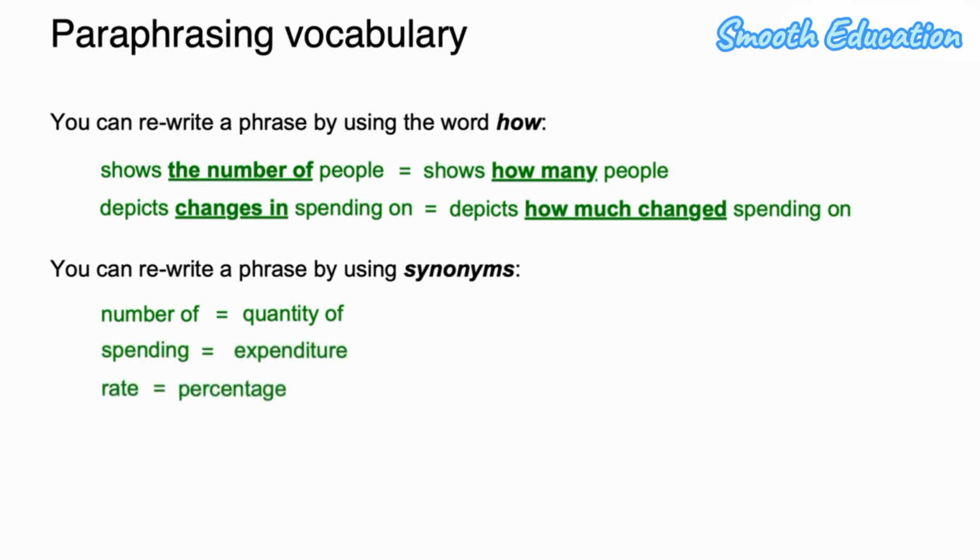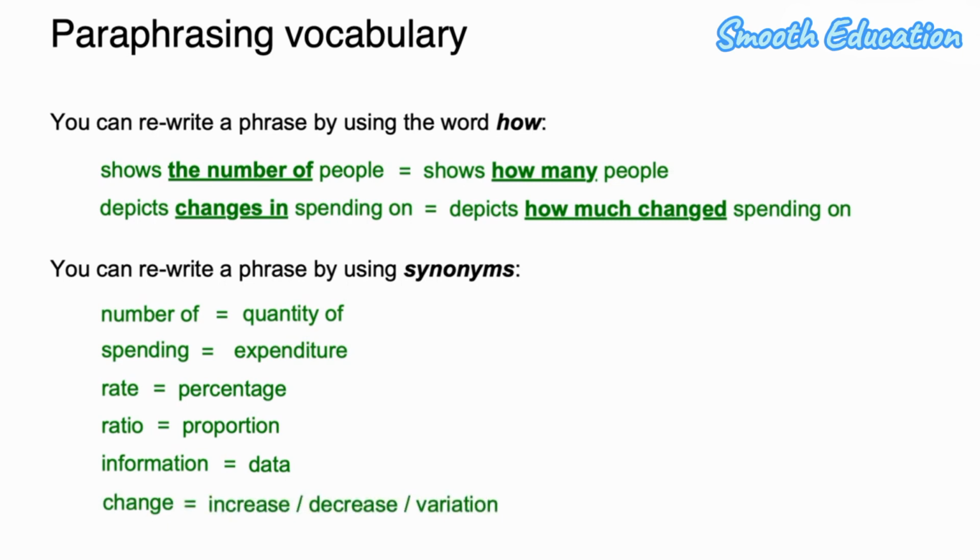Rate with percentage. Ratio with proportion. Information with data. Change can sometimes be replaced by increase, decrease, or variation. Share is equal to portion, and place is equal to site.